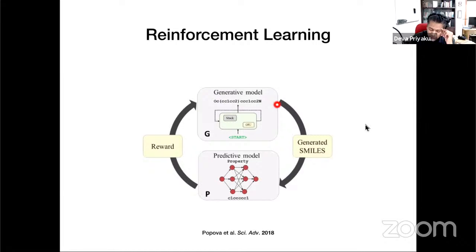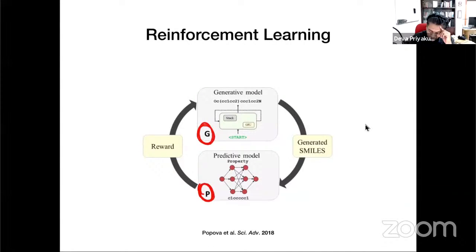Okay, so there are two machine learning models now. This is the first one, which is called a generator, and a second one which is called a predictor. So I have two networks here, let's say, for now. It's all integrated in one thing, but let's assume that there are two for now.